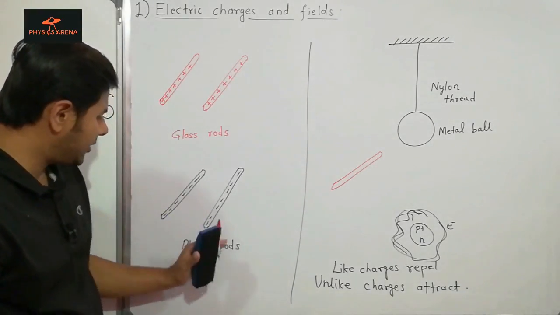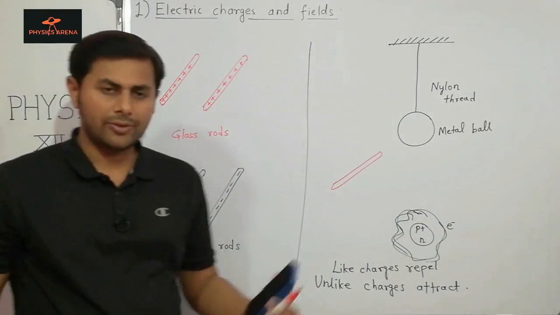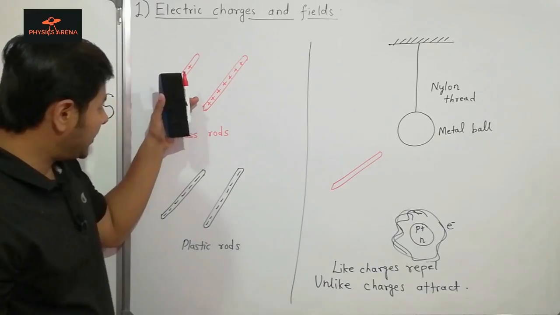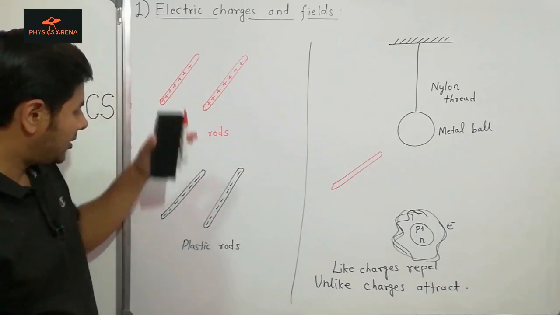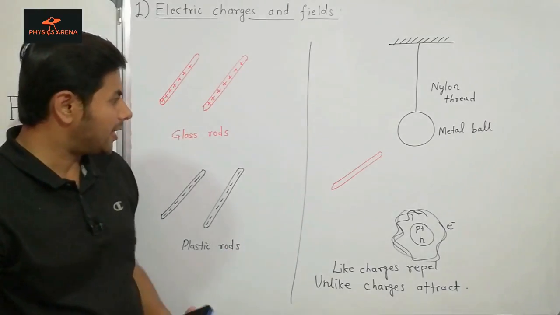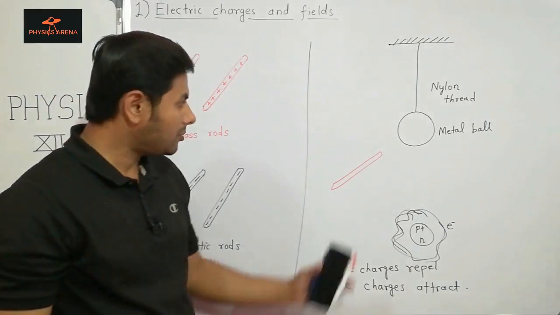Similarly, when we bring like-charged plastic rods close to each other, they also repel. But when we take this glass rod and plastic rod close to each other, they are unlike charged, that's why they attract each other. But what about this case?